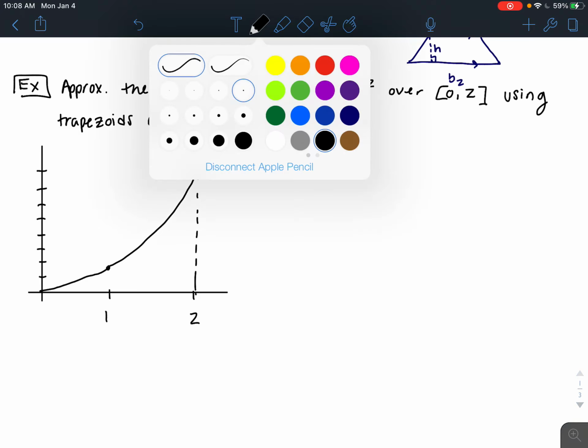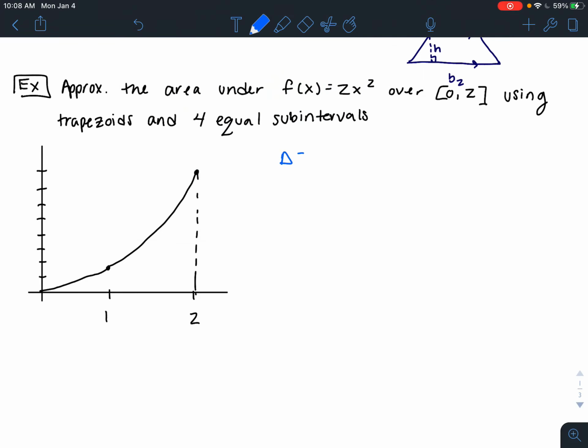So we want to try and figure out that area. We're going to use 4 equal subintervals, so that means our delta x here is going to be 2 minus 0. We're going to take the length of our interval divided by the number of subintervals, so we'll get that each partition should be 1/2 unit long.